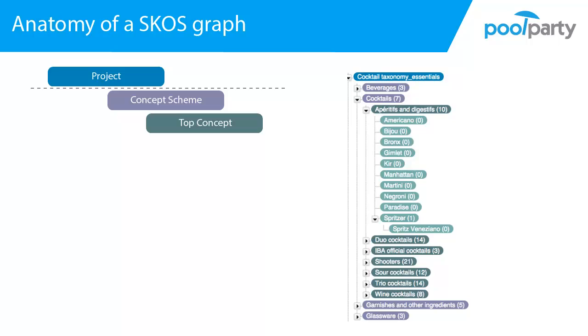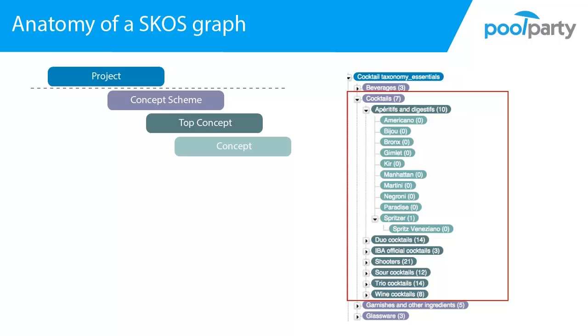It provides a further hierarchical structure, but top concepts are by nature also concepts. So when you take a look at the concept scheme cocktails, we have differentiated a couple of top concepts as aperitifs and digestives, duo cocktails, IBA official cocktails and so on. And below the top concepts you have a list of concepts as Americano, Bijou, Bronze.